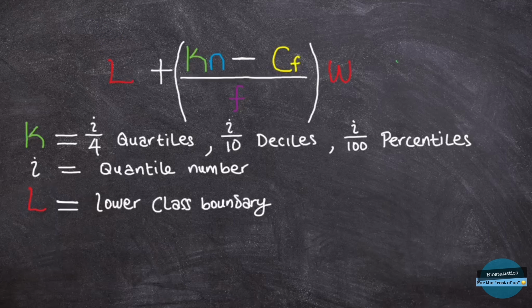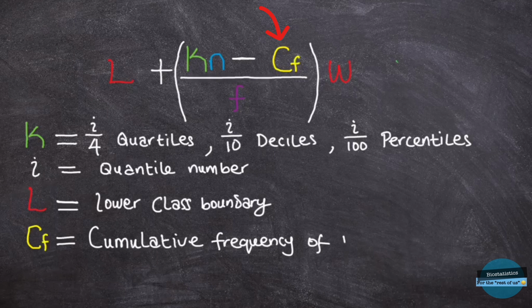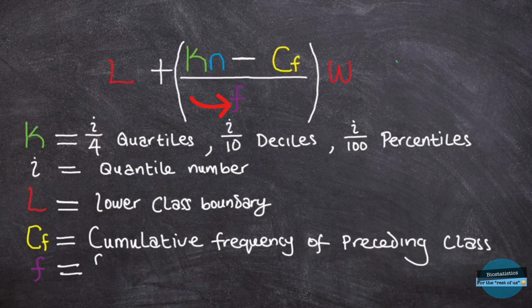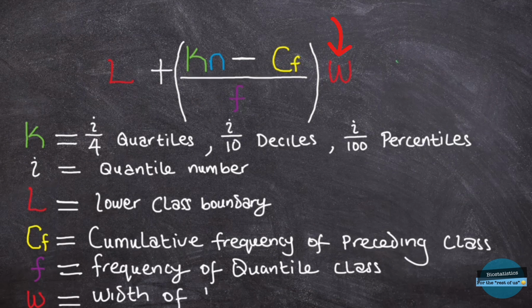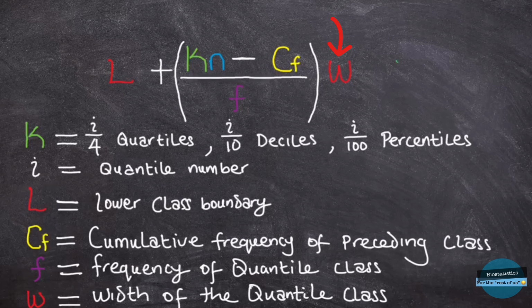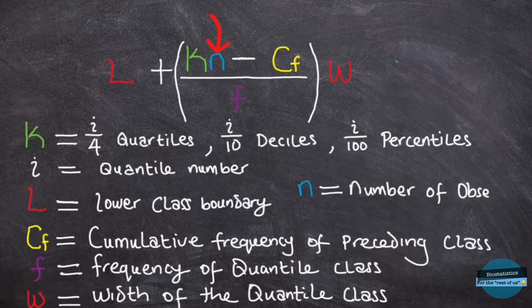Cf is the cumulative frequency of the preceding class. That's the class preceding the quantile class. F is the frequency of the quantile class. W is the class width. And last but not the least, n is the number of observations or the number of data points.